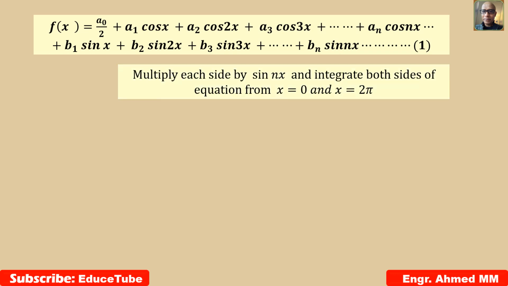Multiply each side by sin nx. In the previous one we did it by cos nx. This time we have to multiply by sin nx because we need to find bn.